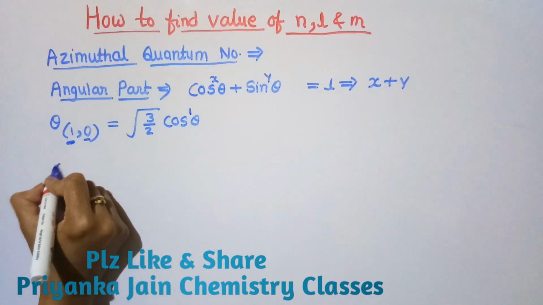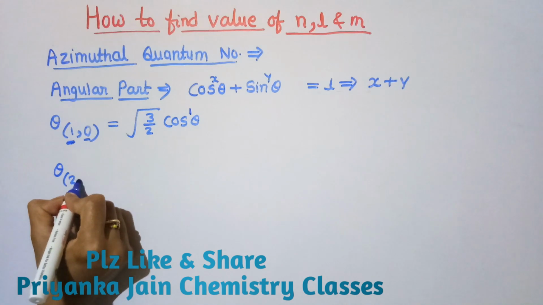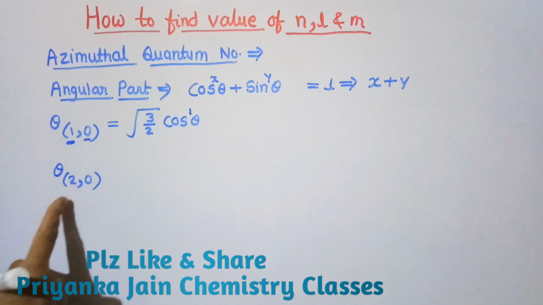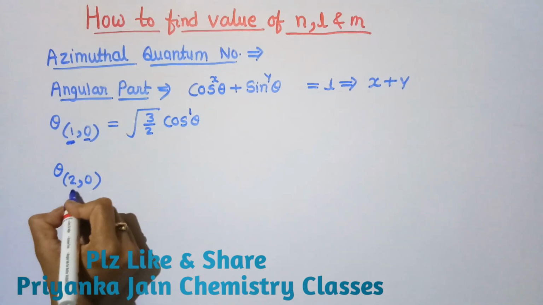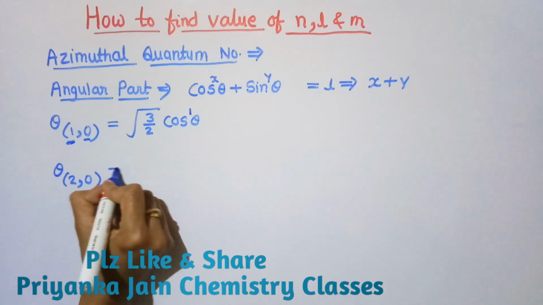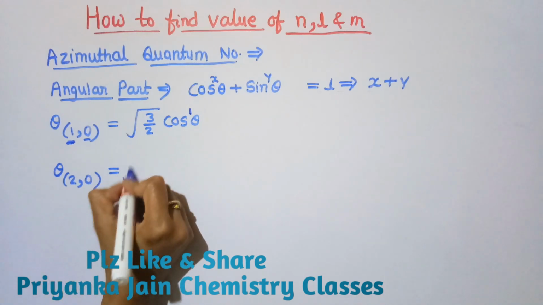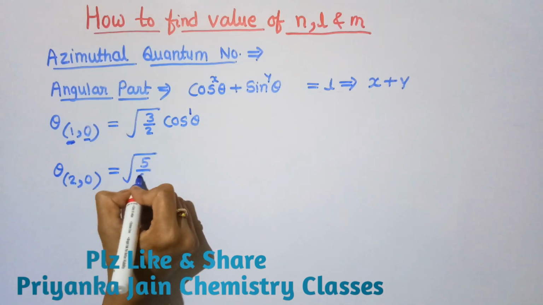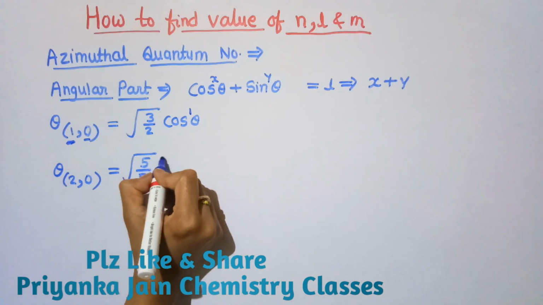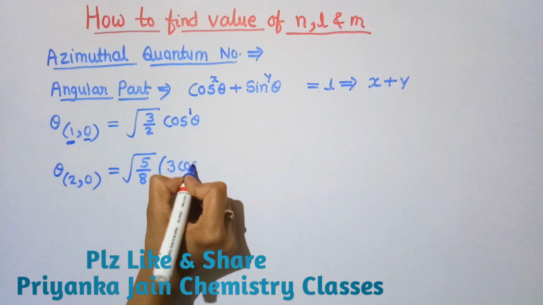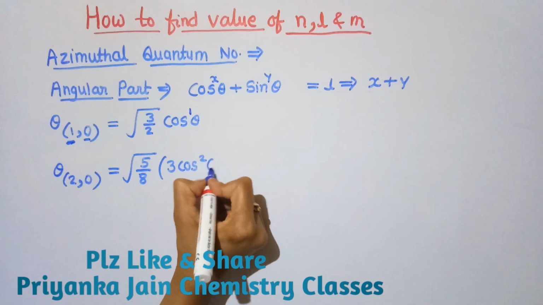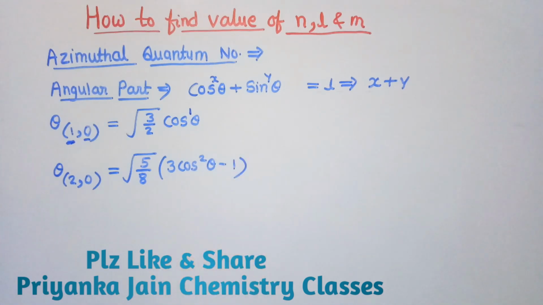Similarly, see another example. This is the theta function for 2, 0, where L is equal to 2 and M is equal to 0. In this case, we have seen the formula was under root of 5 upon 8, 3 cos square theta minus 1.